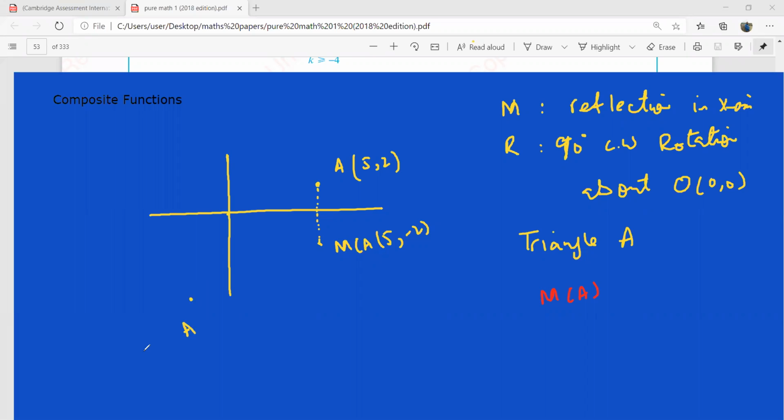This is your RM of A. And this would be mapping onto (-2, -5).